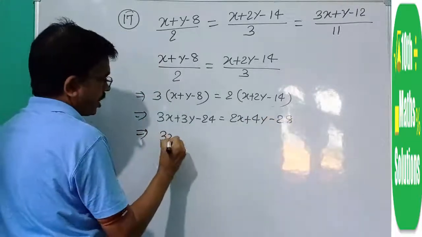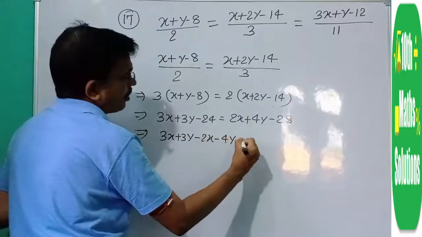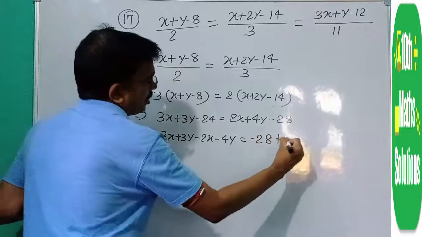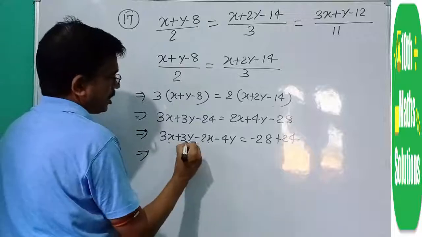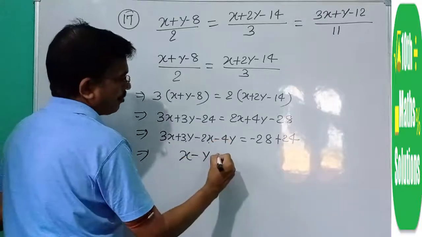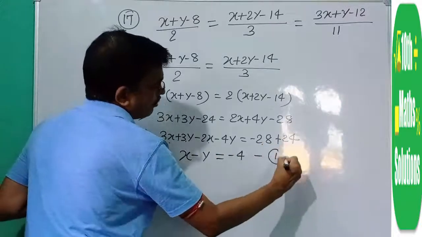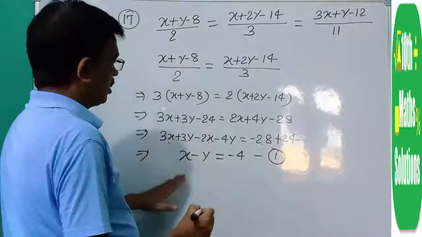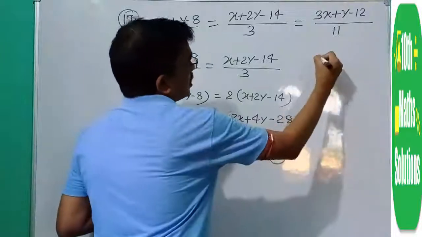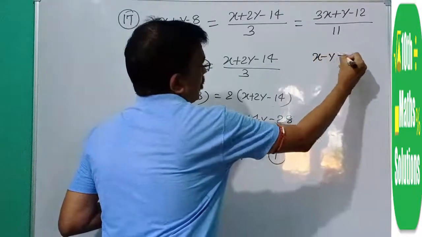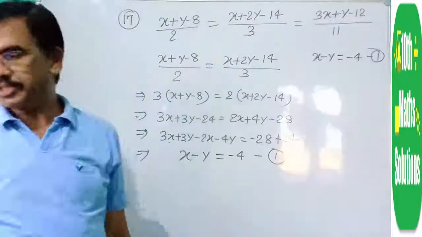Next step: 3x plus 3y minus 2x minus 4y is equal to minus 28 plus 24. That is 3x minus 2x is x and 3y minus 4y is minus y, and minus 28 plus 24 is minus 4. So the first equation is x minus y is equal to minus 4. Now solve the second equation.